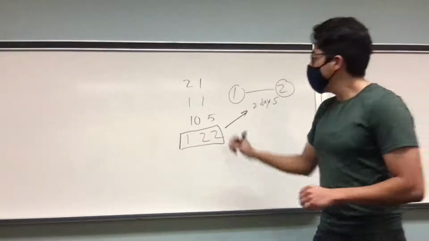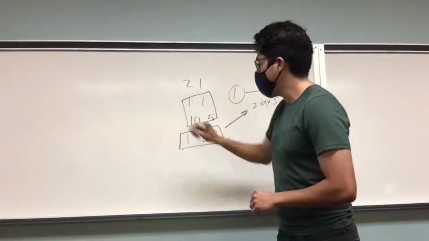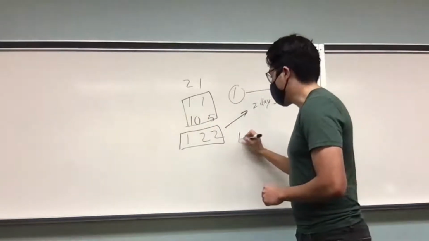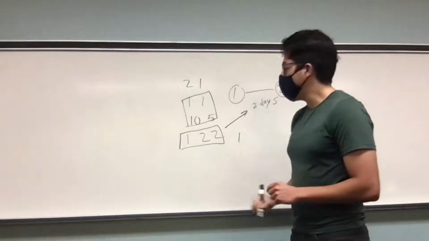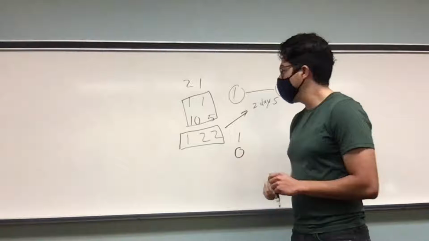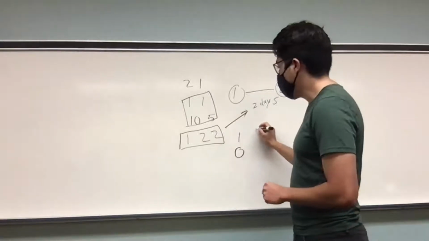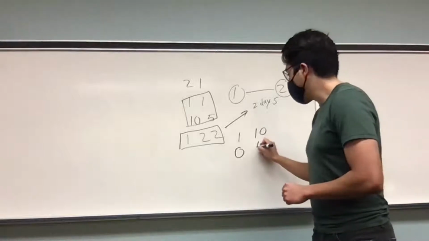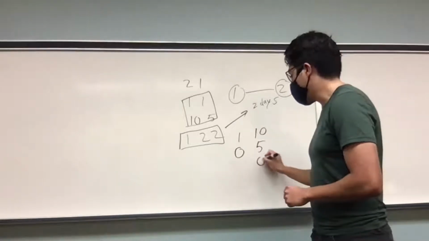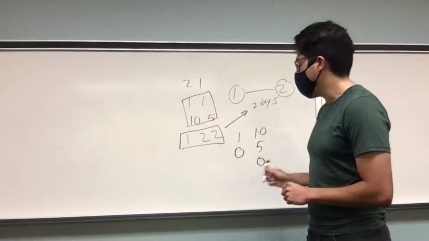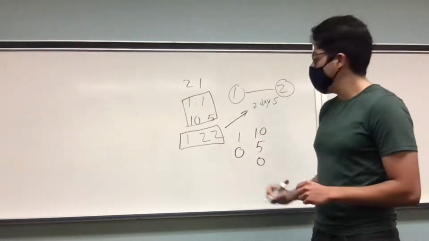Now we have to work with this input. Mine 1 starts with 1 gold on day 1, then it produces 0 gold on day 2. Mine 2 produces 10 gold on day 1, and then 5 gold, and then 0 gold. So we start with 10 and keep subtracting 5 every single day afterwards.